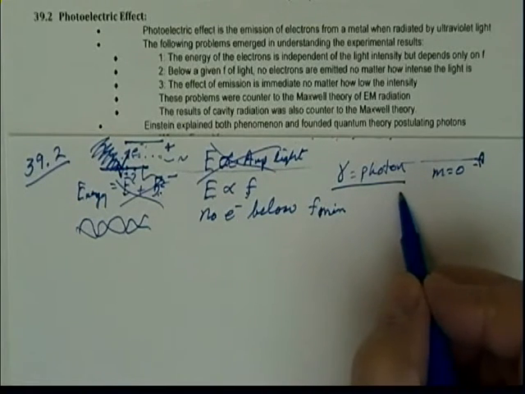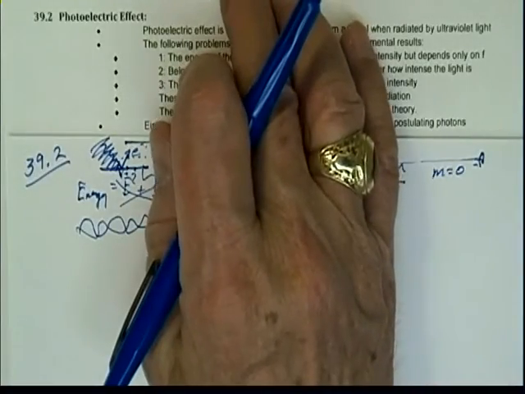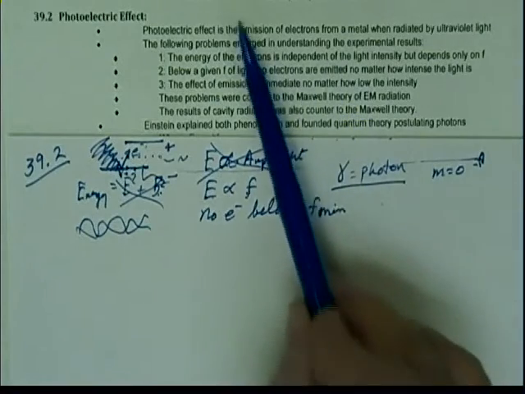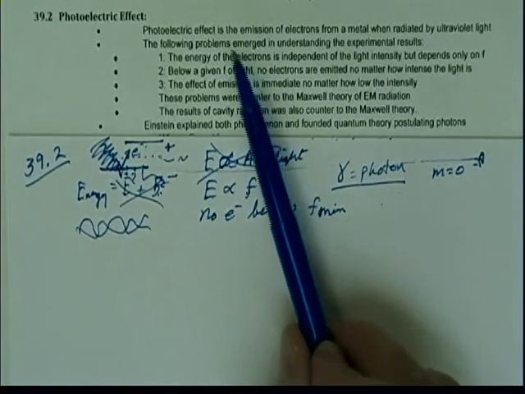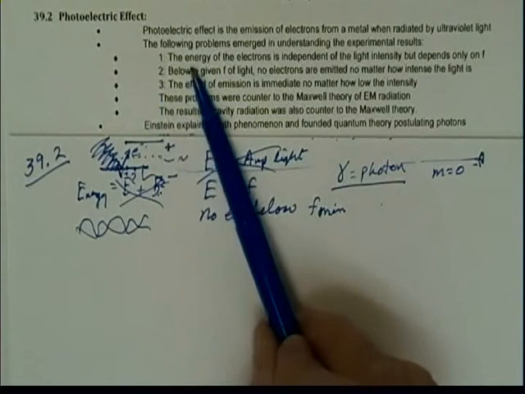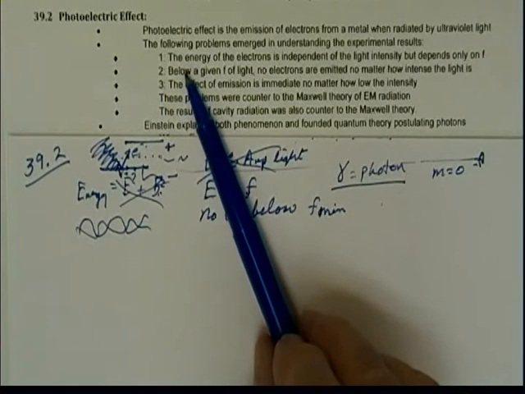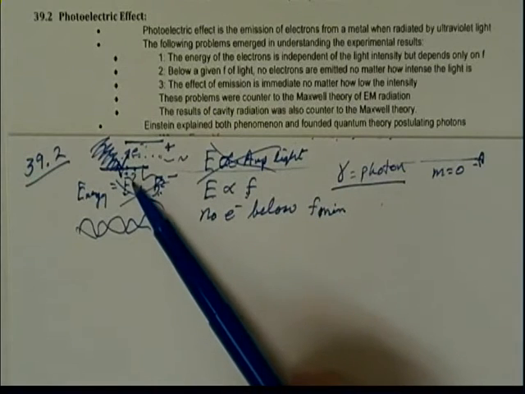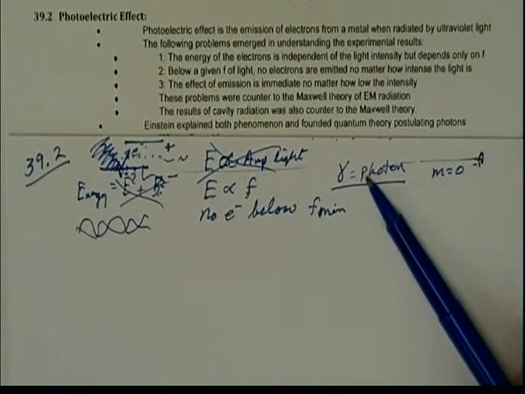How much energy? Well, it's not like Planck said in our last section, that the walls of the cavity only emitted and absorbed certain frequencies. It's that the light itself inside the cavity only had those frequencies.